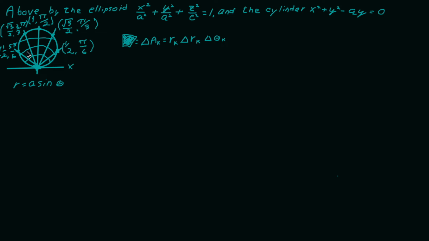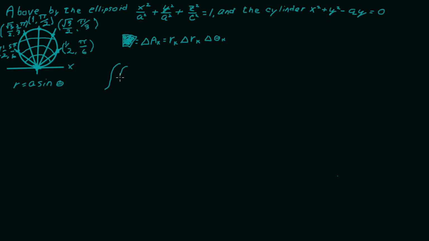To take the volume, we'll take the area of each one of these polar rectangles and multiply it by the height above each one of these rectangles, and then sum up the area times the height to equal the volume.